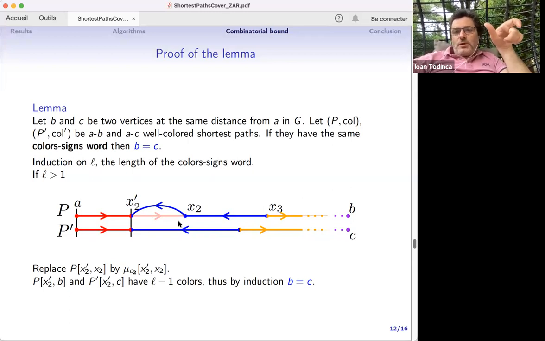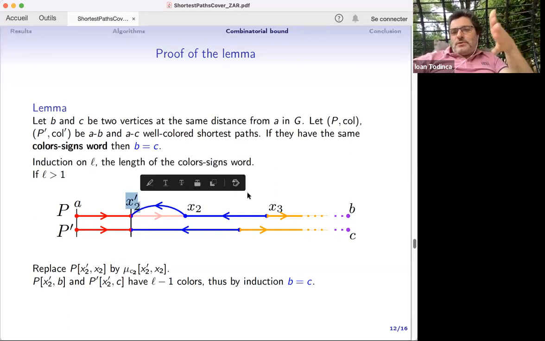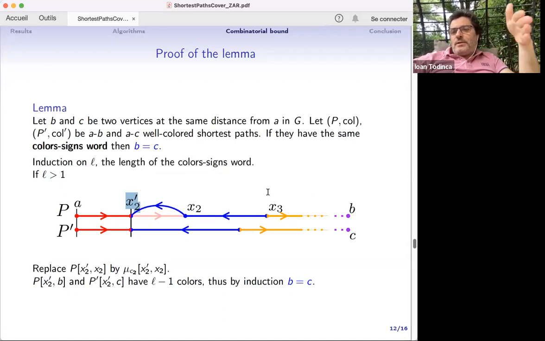I cannot make it longer, since they are shortest paths. And then I restart the induction from here. I simply reduced a bit the distance, and I reduced the number of colors by one. So this is a very simple inductive proof that if you have a graph which is colorable by k shortest paths, in the sense that the edges are coverable by k shortest paths, then you have this lemma.